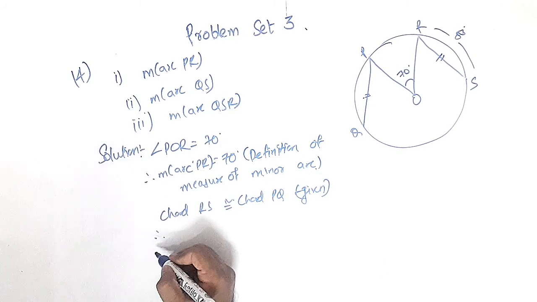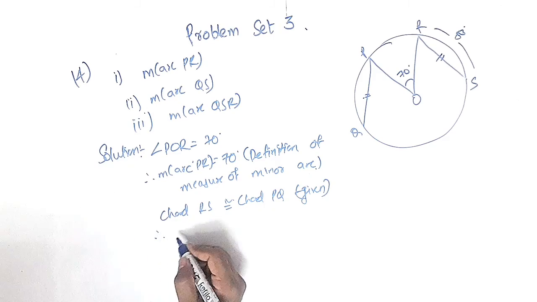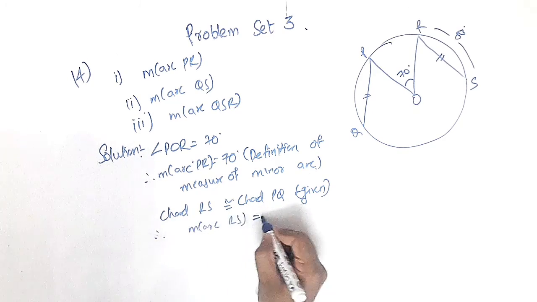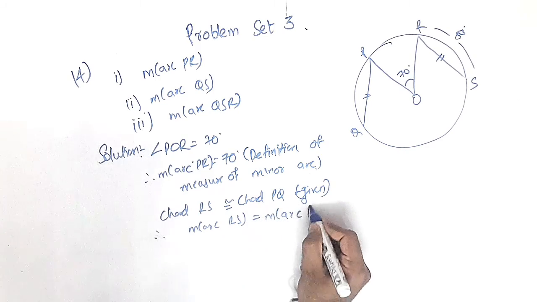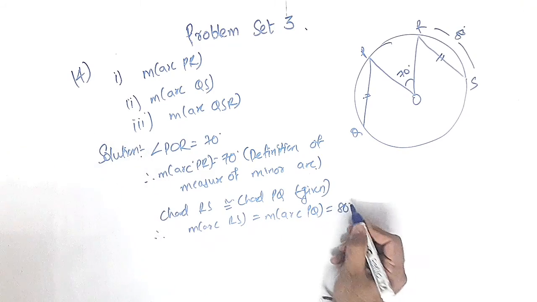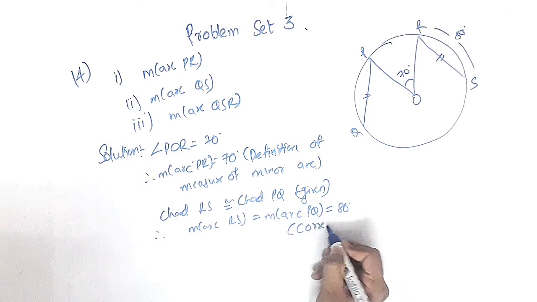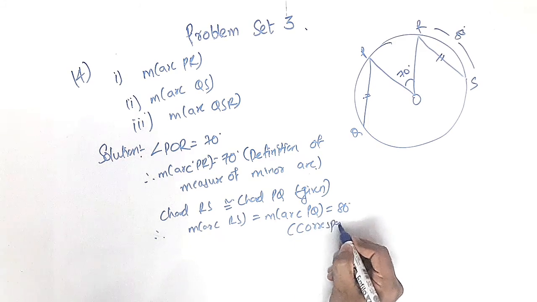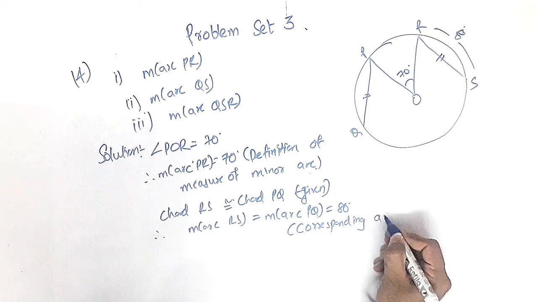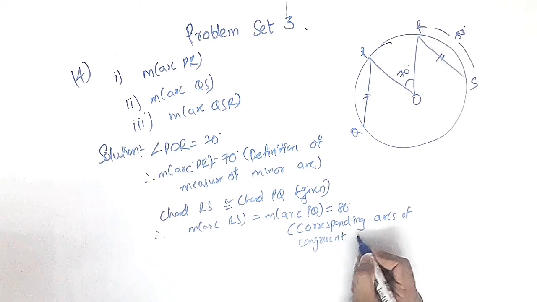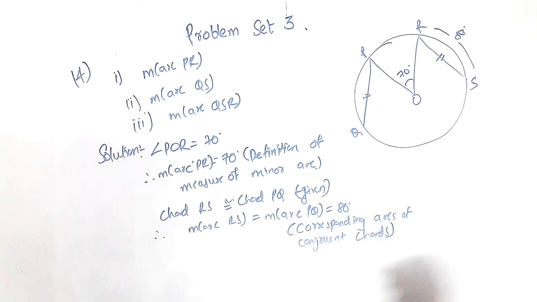Therefore measure arc RS is equal to measure arc PQ. This is equal to 80 degrees also. I'll write the reason: corresponding arcs of congruent chords.